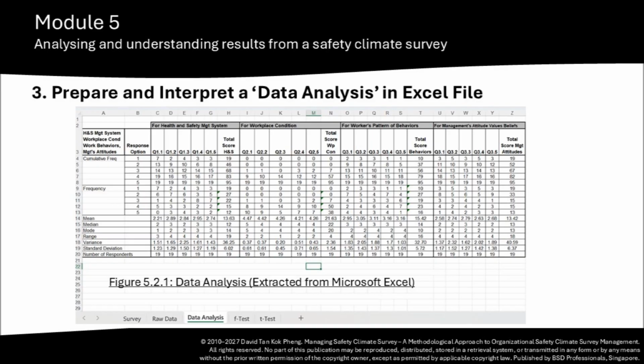This shows a clear perception gap, where management rates themselves highly, while workers perceive management attitudes much less positively. Overall, this analysis highlights important differences in perception across organizational levels and identifies key areas where safety climate improvements are needed.